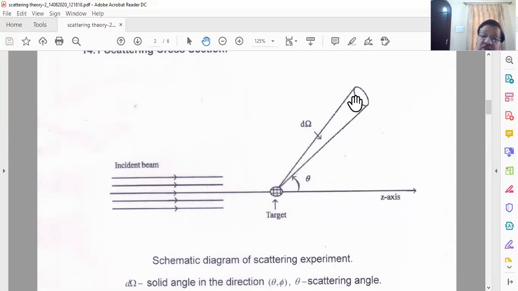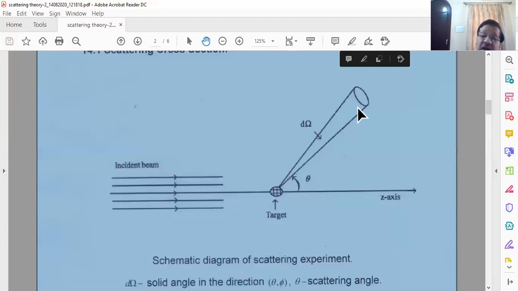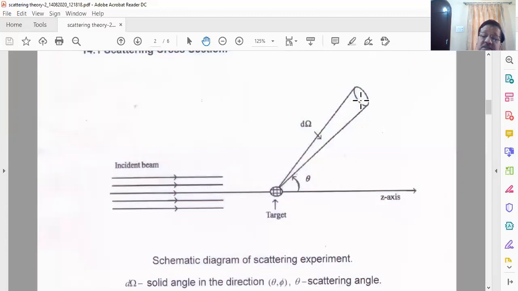They will diverge, and we want to study the scattered particles at a very large distance. This is our polar axis, this is the target, and we have calculated small n. Small n is basically the number of particles scattered into this solid angle d omega in a unit time.